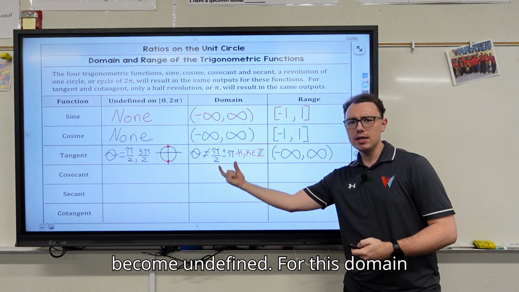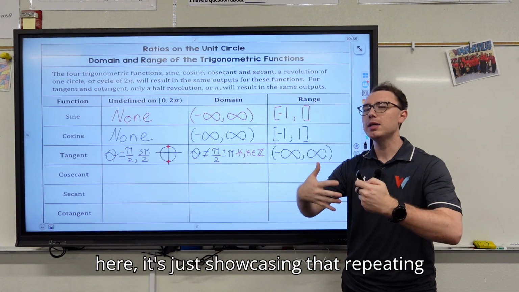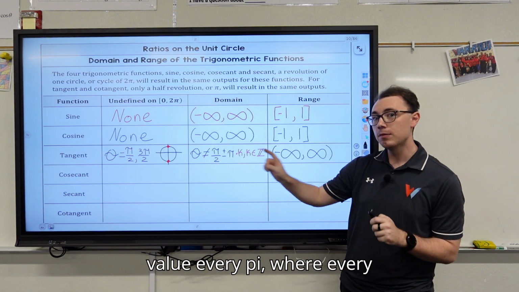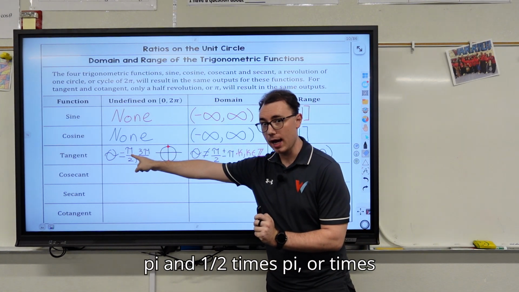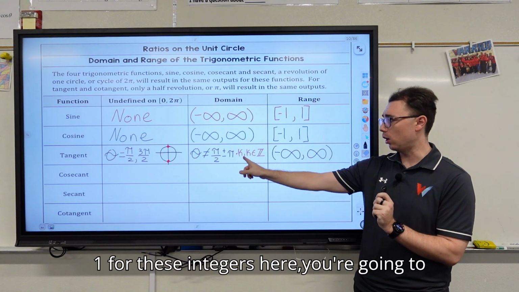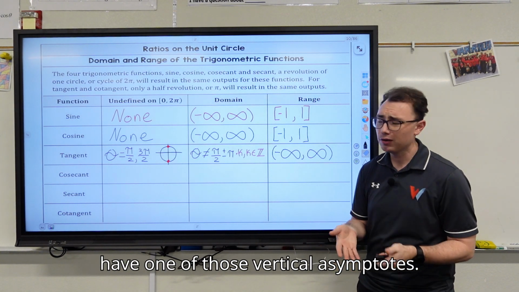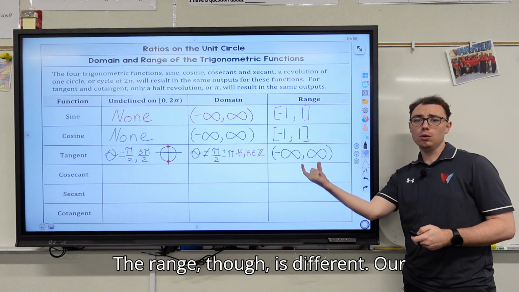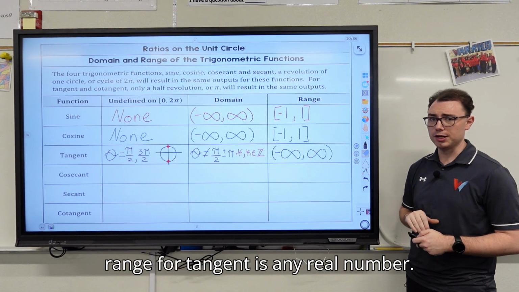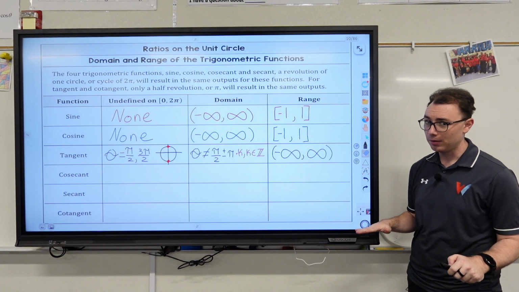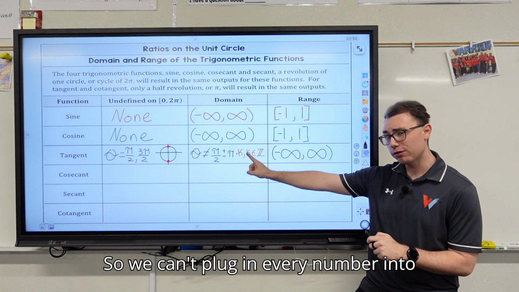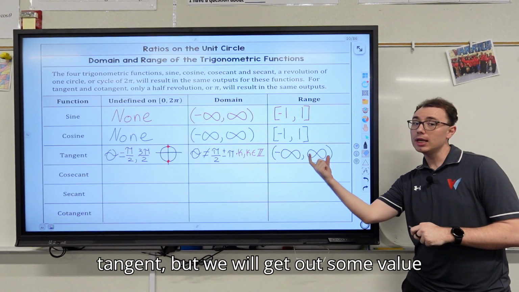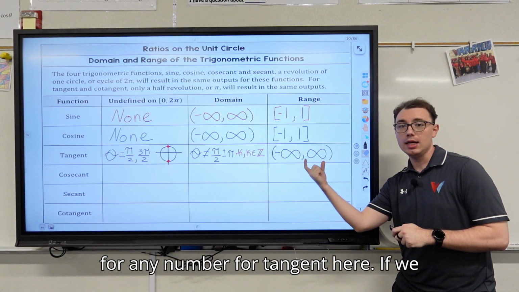This domain is showcasing that repeating value every pi, where pi over 2 times some integer will give you one of those vertical asymptotes. The range, though, is different. Our range for tangent is any real number. So we can't plug every number into tangent, but we will get out some value for any number.